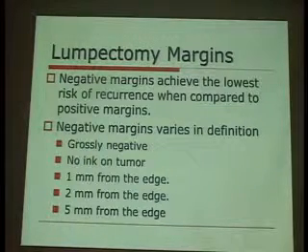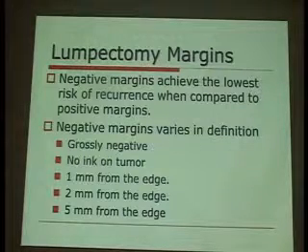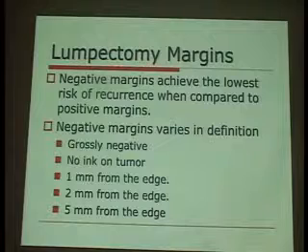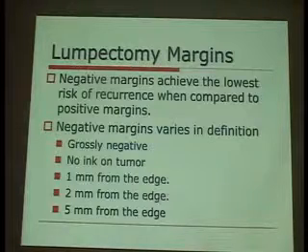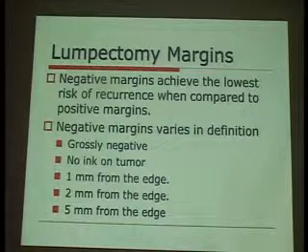Now, we know that patients who have a positive margin have a higher chance of local recurrence. And in the past, there was no definition of what a negative margin was. Some people quoted grossly negative, or no ink on tumor, 1 millimeter, 2 millimeter, or 5 millimeter.